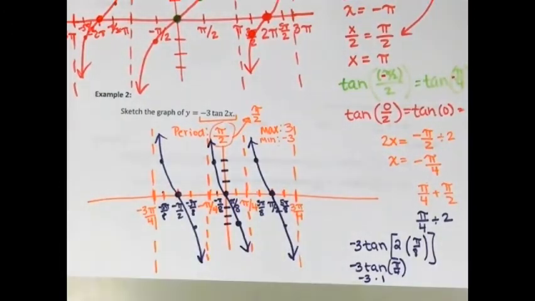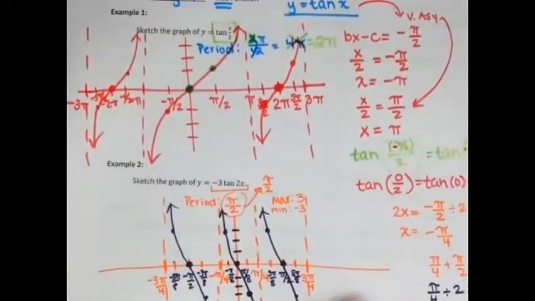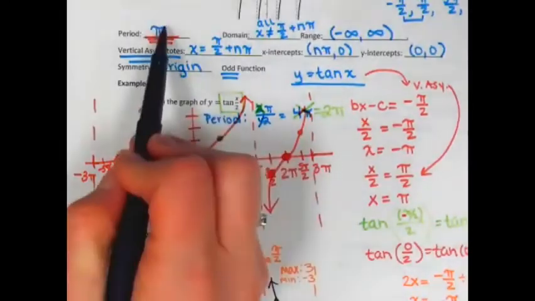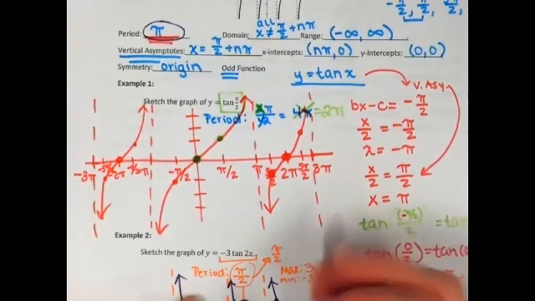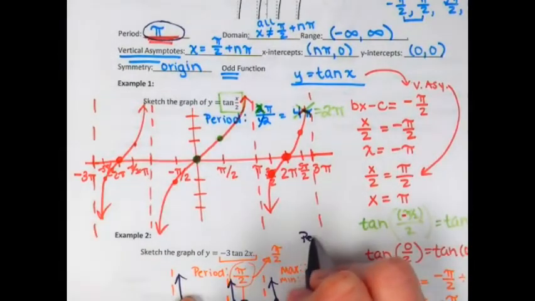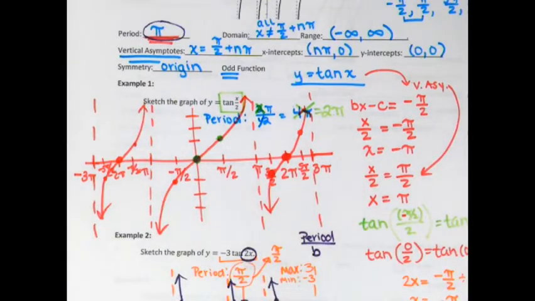Yes. So, you said this example doesn't really matter, but for your periods, how do you decide what? I know you circled it and then you pointed at the pi over 2. How did you decide that? Because our normal tangent function is pi, right? So you always take pi or your period divided by your b, what's getting multiplied by the x.